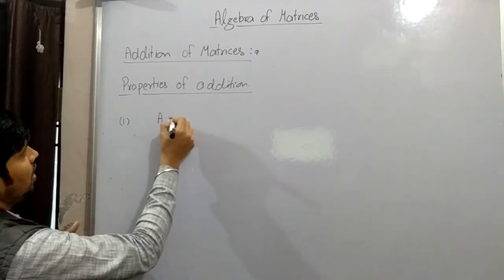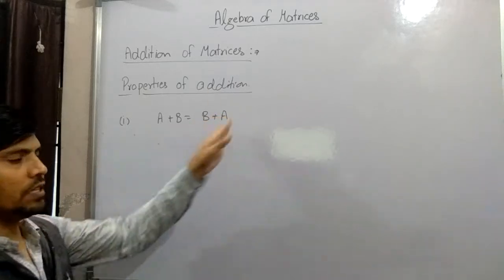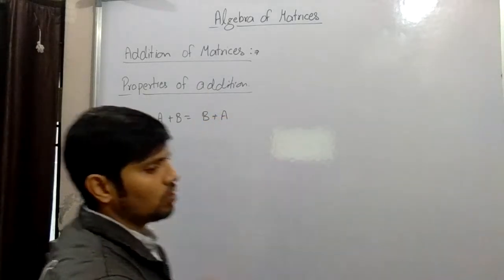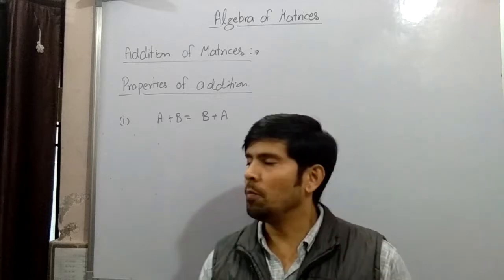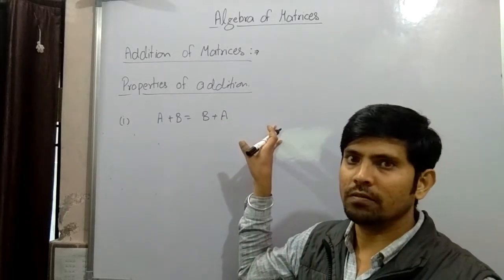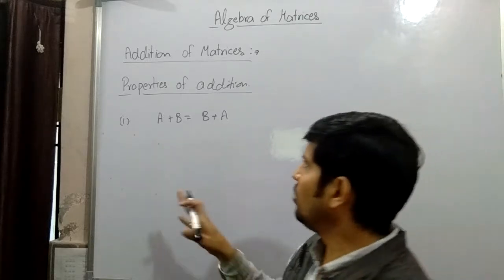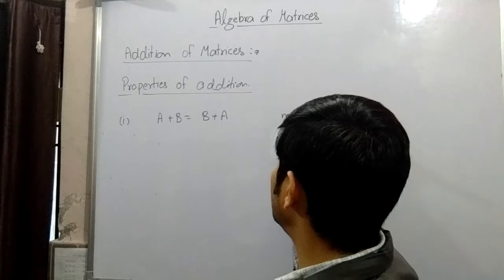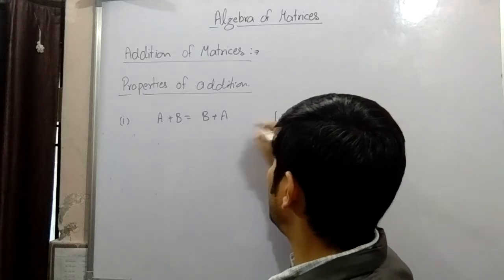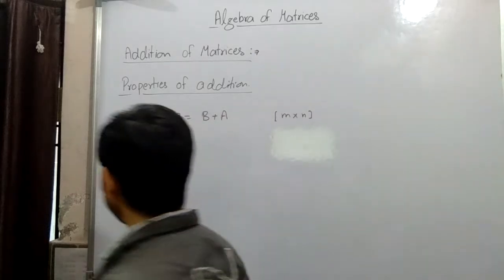Then A plus B and B plus A will remain the same. That is, they follow the commutative property. It means the addition of two matrices is commutative. A plus B and B plus A remain the same if the order of both matrices A as well as B is m cross n.